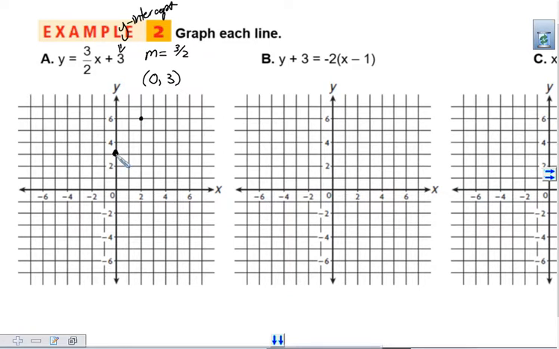So we need to go back down to our starting point and go down 3 and left 2, the opposite of what we've been doing. And you should have at least 3 points on your graph, and then connect your points.